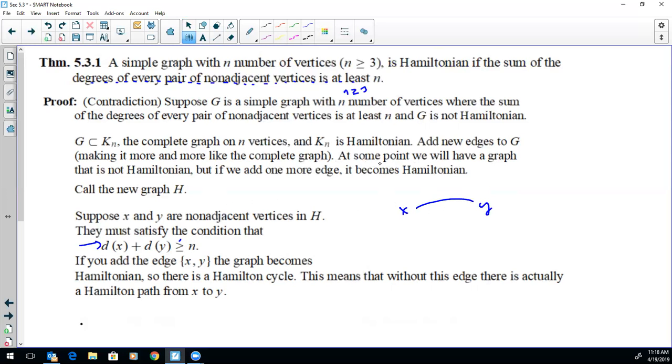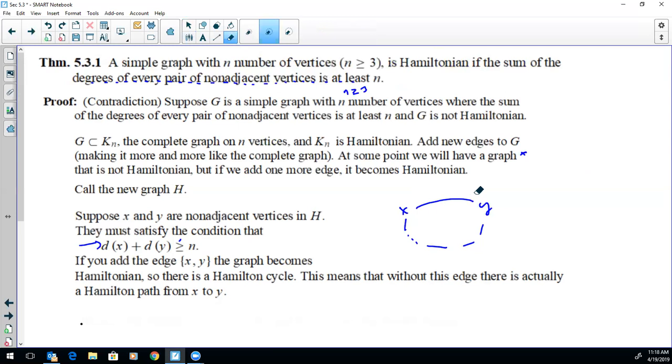Anyway, if we added an edge from X to Y, remember we're at the point that any time we add another edge, we're going to have a Hamilton cycle. So if we add the edge from X to Y, we get a cycle because that's the way we set things up.